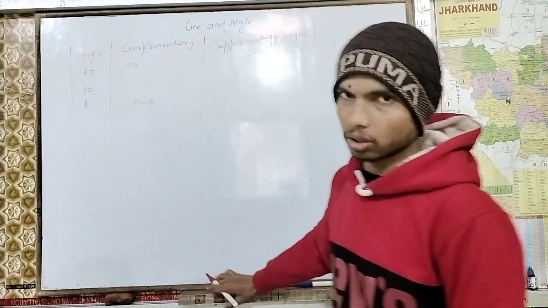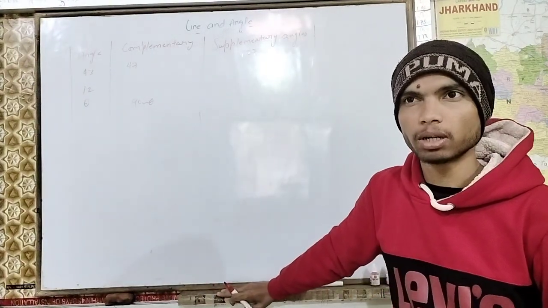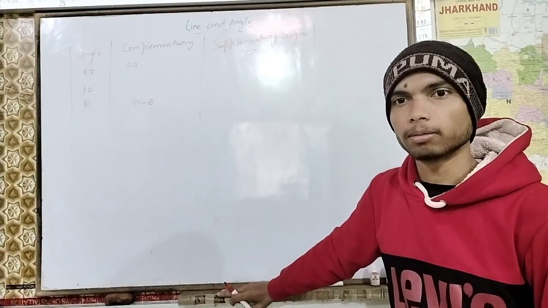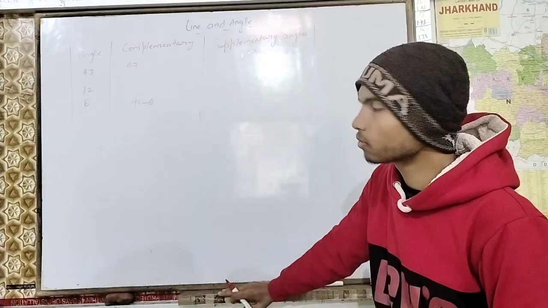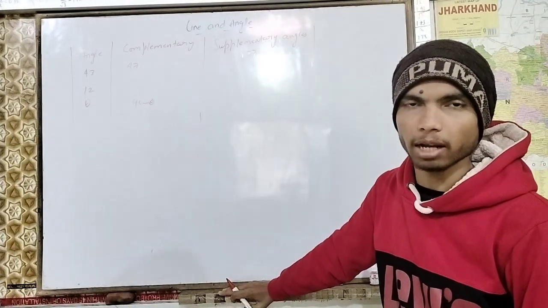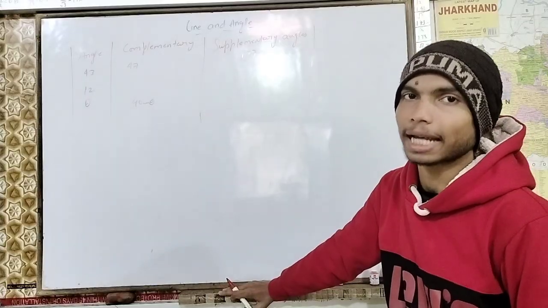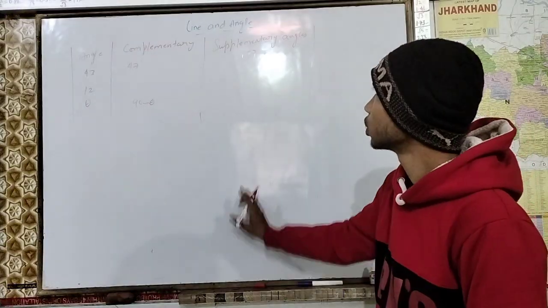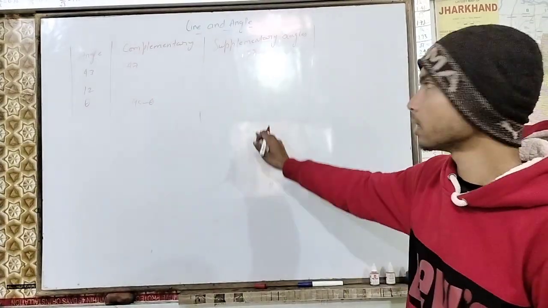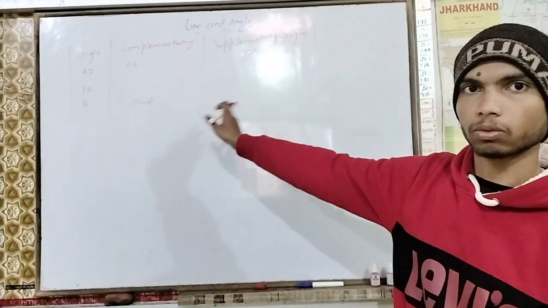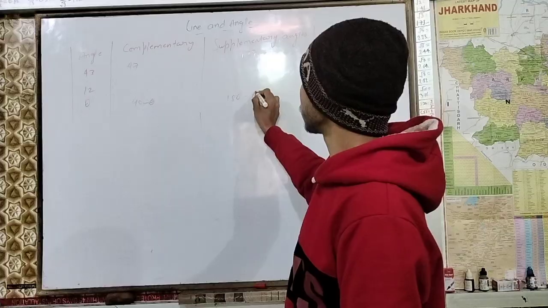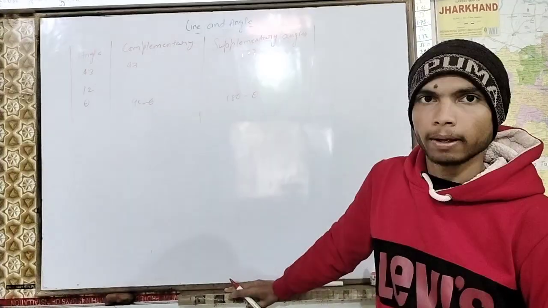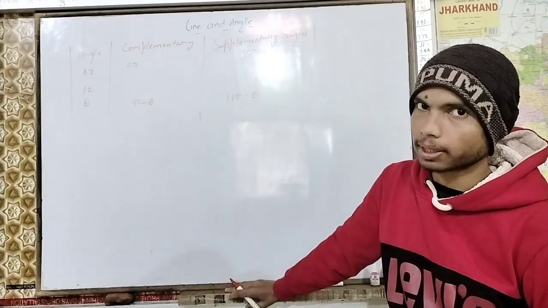You can remember this as a formula. When the angle is any number, this formula will be used. It will help you calculate the second angle as the complement. Now for the supplementary angle, same: 180 minus 12.